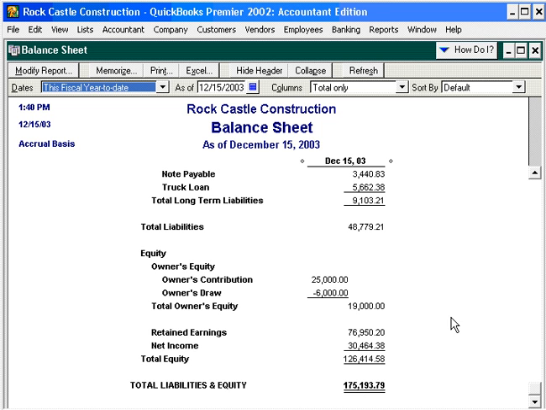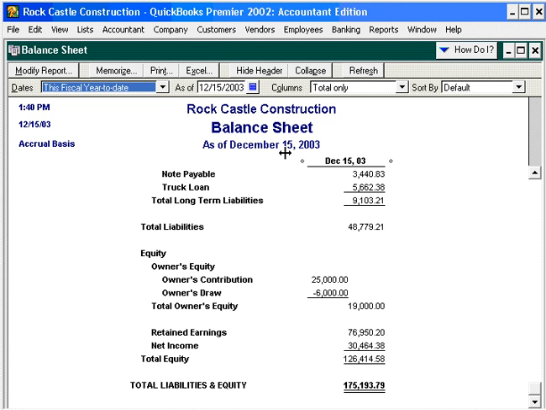We would then turn around and have to pay liabilities off of $48,779. And then we would be able to pocket the rest of the cash. That's book value, and that's the equity section. The last thing we want to say about the balance sheet is the balance sheet is always at a point in time. This balance sheet is as of December 15th.